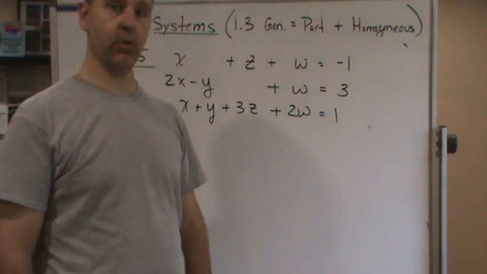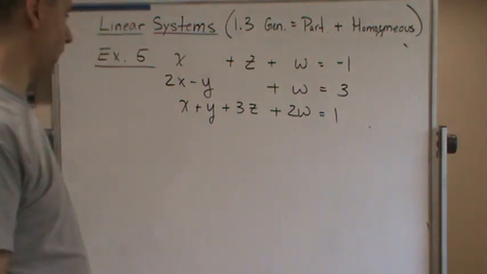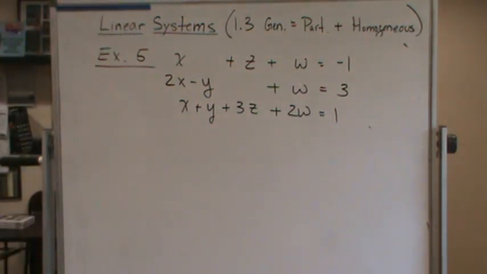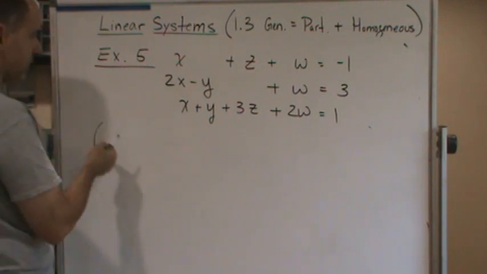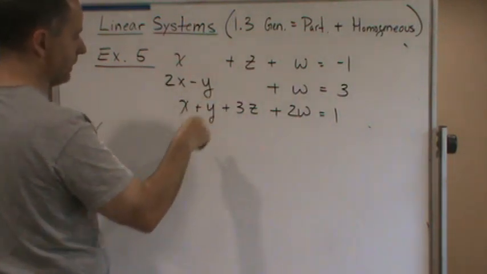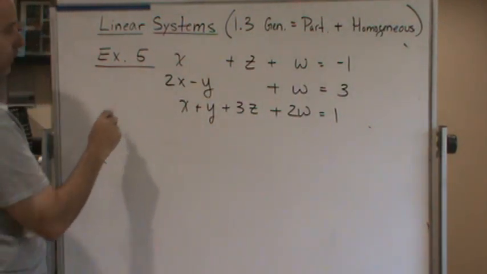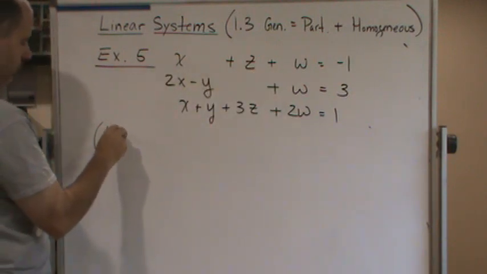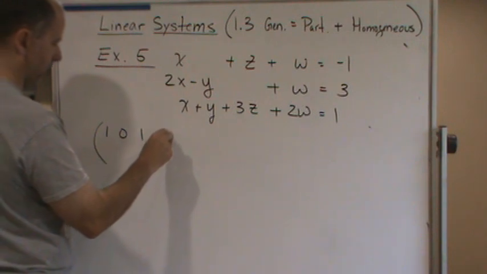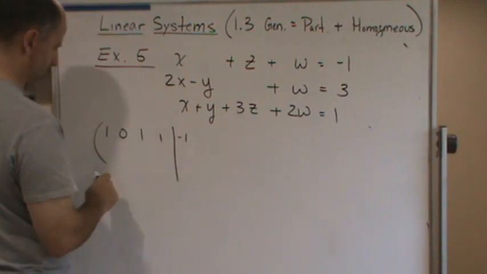Okay, so now let's do another example to illustrate the theorem. Here we have this linear system, and I'm going to put it in matrix form and then we'll solve it. We have x, y, z, w. So it's going to be 1, 0, 1, 1, negative 1.